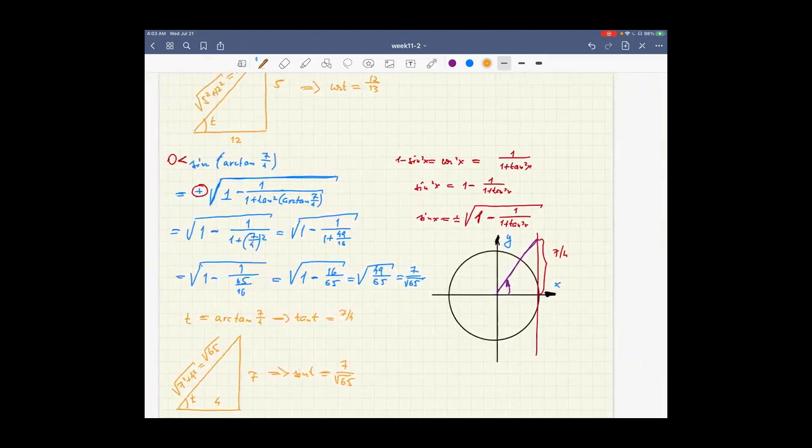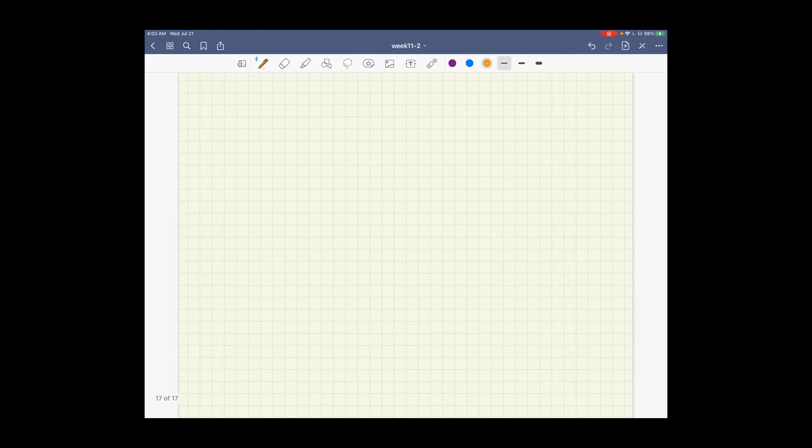So in the next example, we need to compute cosine of arcsine of 7/9. We already know that arcsine is always in the first or fourth quadrant.